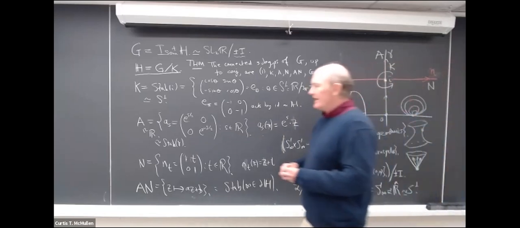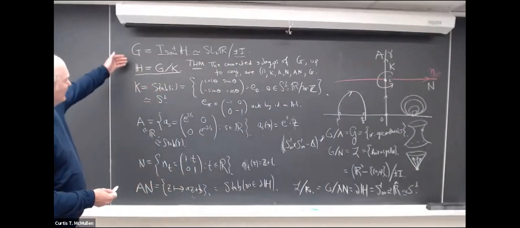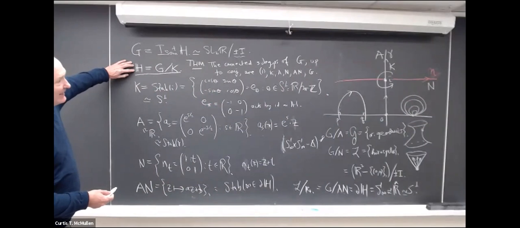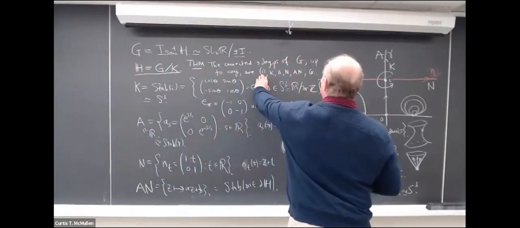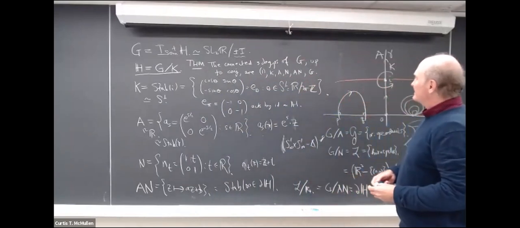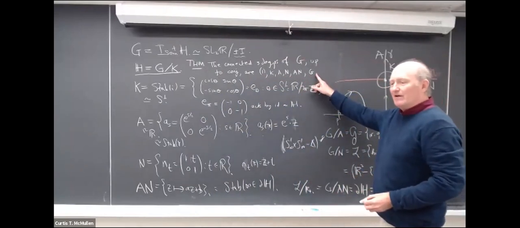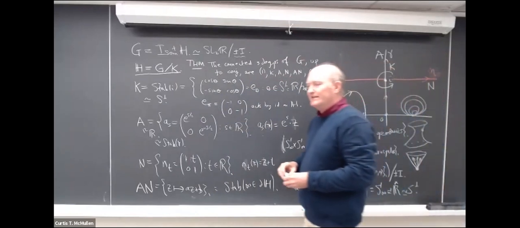Okay, so associated to hyperbolic space, the upper half plane, there's not just one space. There's actually 5 spaces. And there's one space for each of these groups here. Well, I guess we can leave out the identity: K, A, N, AN, and G. Oh, wait a second. What about G itself? What is the homogeneous space associated to G?